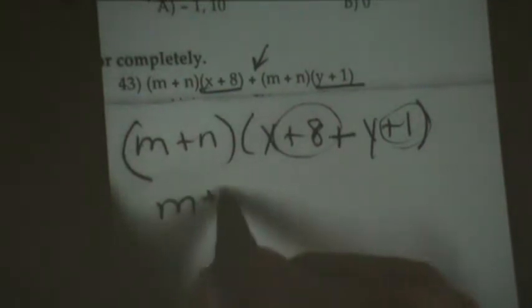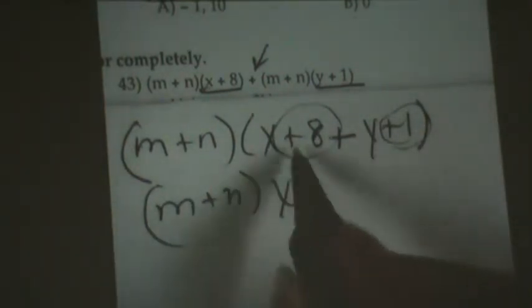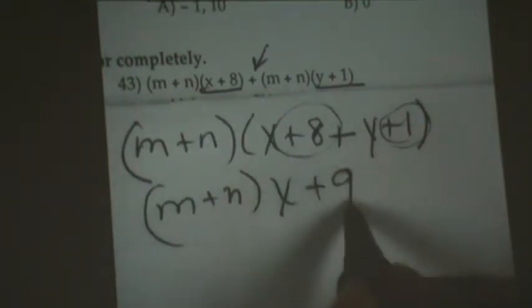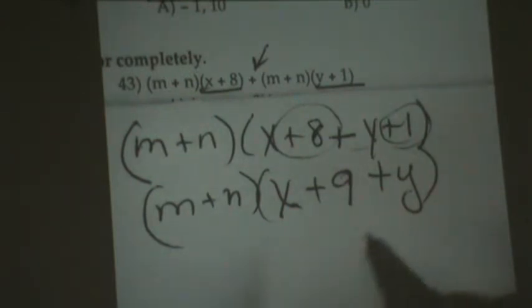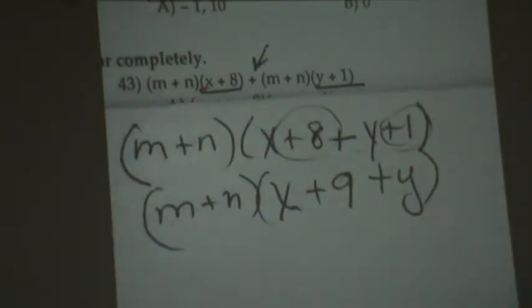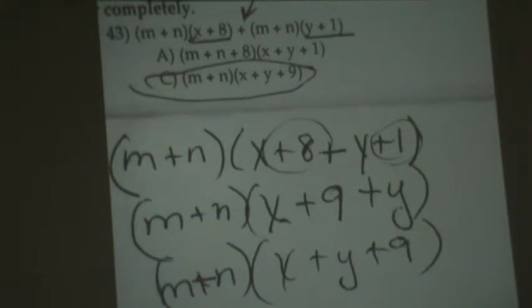Leave the n plus n. x is okay like it is. You can put the number next or the y next, it doesn't matter. Plus 8 plus 1 is plus 9, and then plus the y. But you could have put the x and then the y and then the 9. You could have put this, and it would have still been the same thing, still been right. Okay? So that gives you the answer C. Right there.